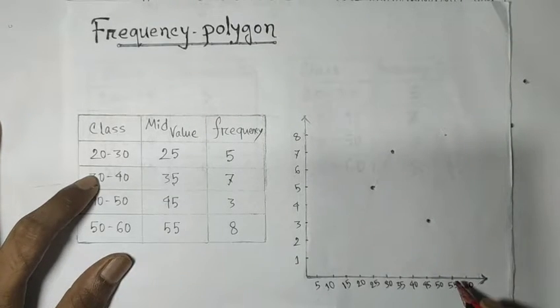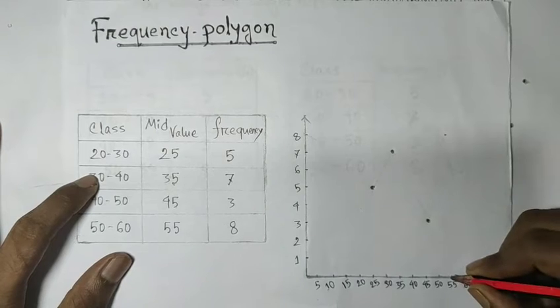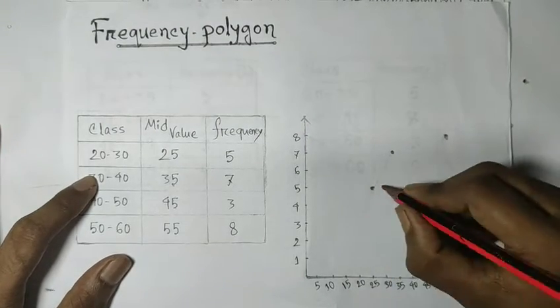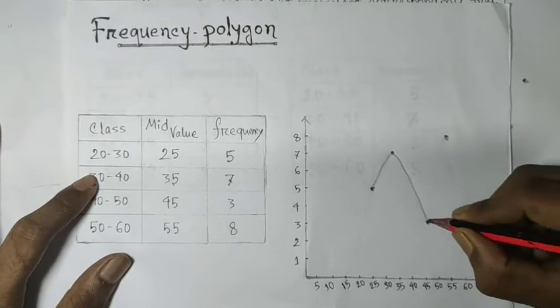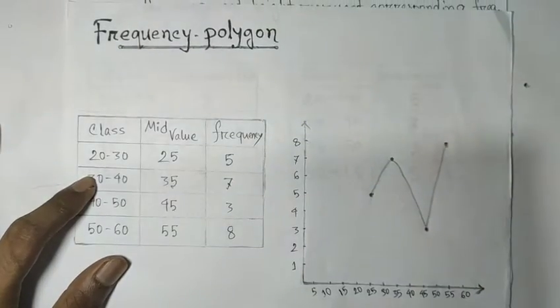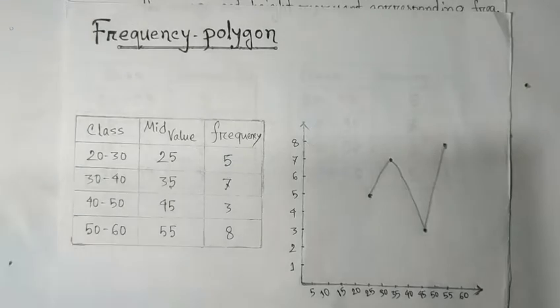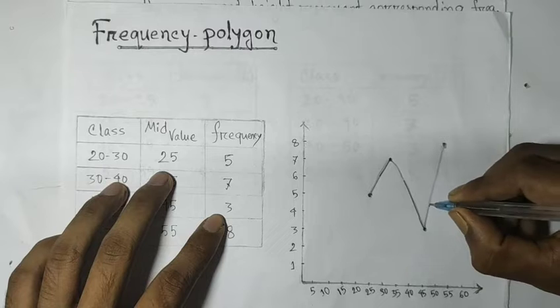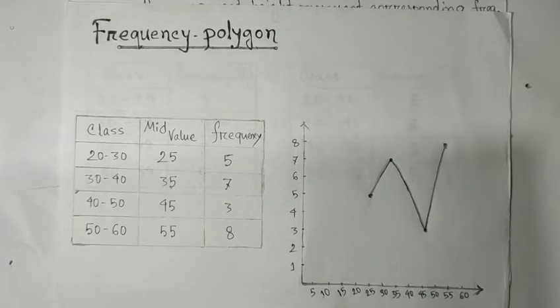The last one, mid value 55 and frequency 8, so it's here. And if we join those points like this, let me write it with the pen. So by this graph you can easily see the increasing and decreasing portions of a frequency distribution.